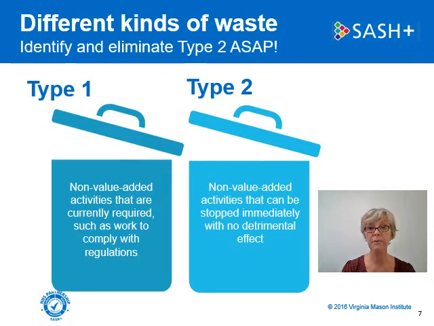Obviously, in practice, we don't have someone standing around doing nothing, but it does mean that we may use a pharmacist to do something that could be otherwise done by someone else. Type 2. These are the non-value-added activities that can be stopped immediately with no detrimental effect. We need to identify and eliminate these type 2 activities as soon as possible.